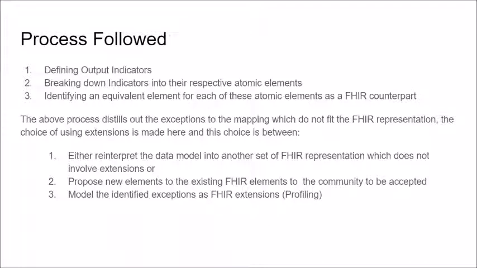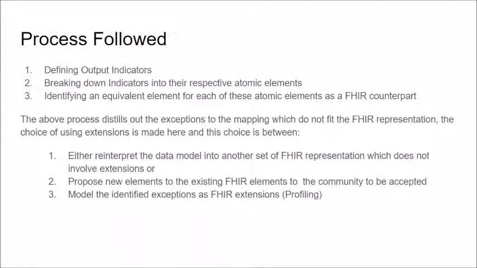Once we built that list, we broke them down into individual formulas, individual atomic elements. For example, there is an indicator and it has a numerator and denominator. So we broke it down into each part, and then we mapped, for each of these atomic elements, what the FHIR counterpart is.